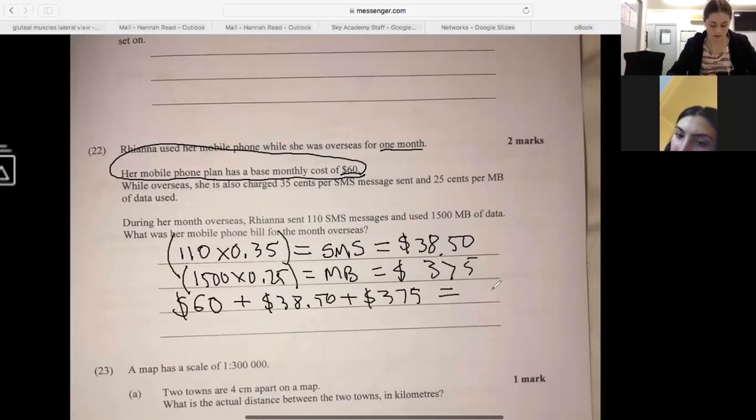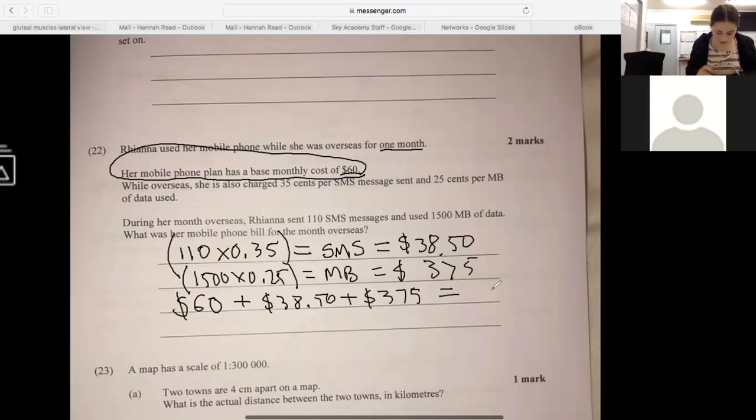Sorry, I'm using the calculator on my phone. Oh no, that's fine. I guessed that was the case. Did you get $473.50? Yep. Cool. Good job.